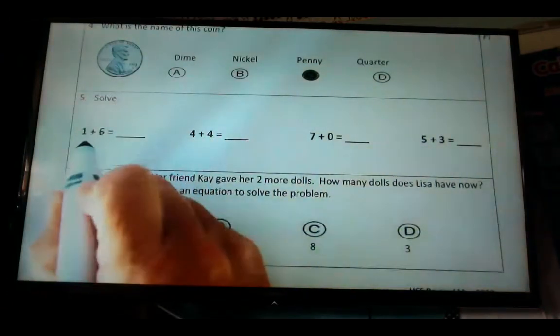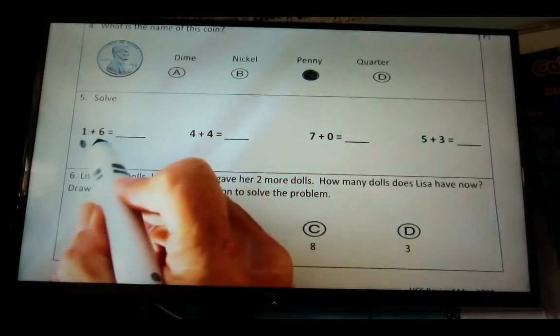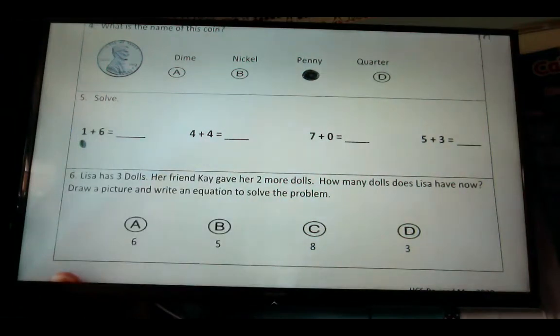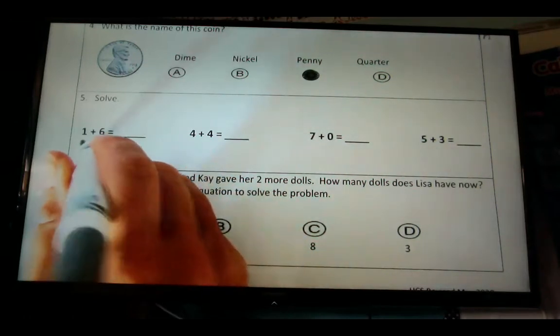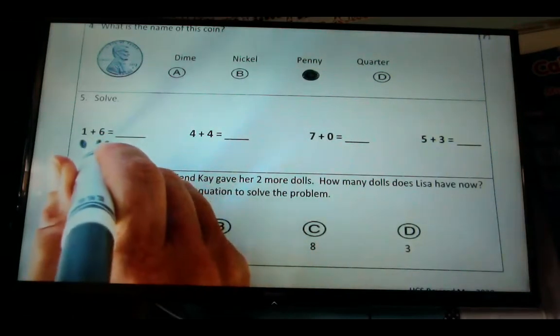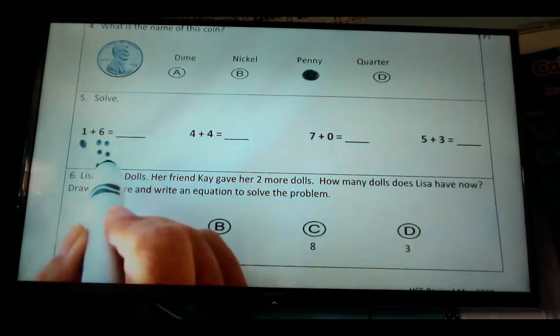This is the number 1. So I'm going to draw 1 dot. This is the number 6. So I'm going to draw 6 dots. Help me count. 1, 2, 3, 4, 5, 6.